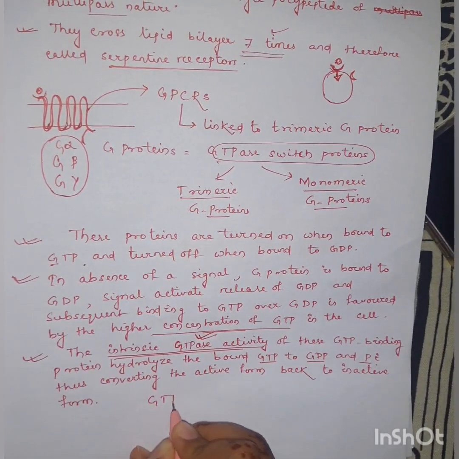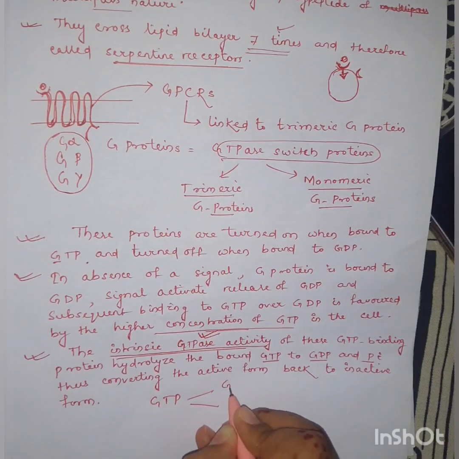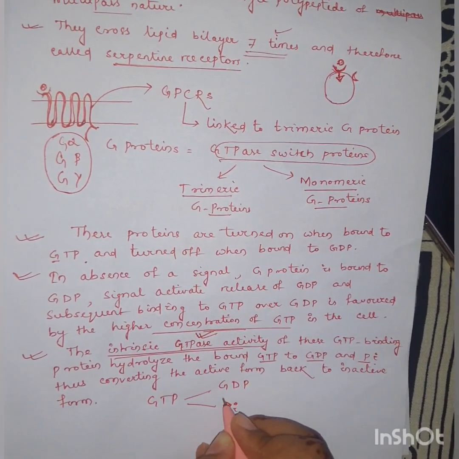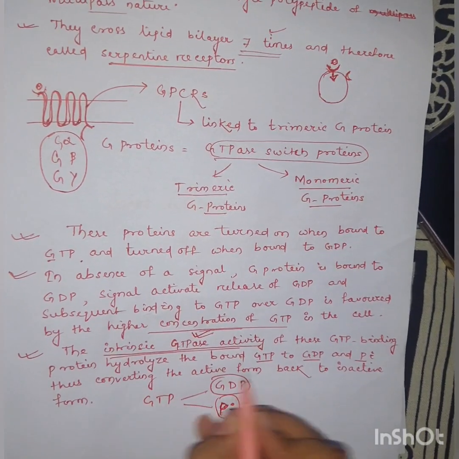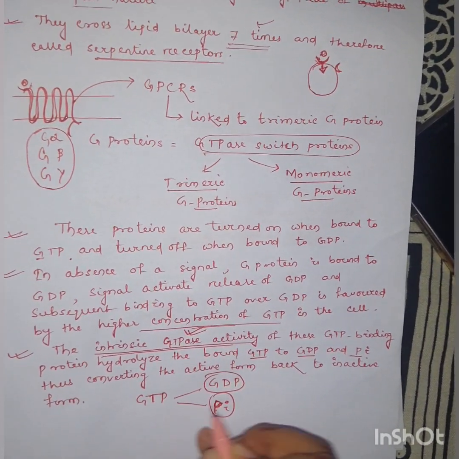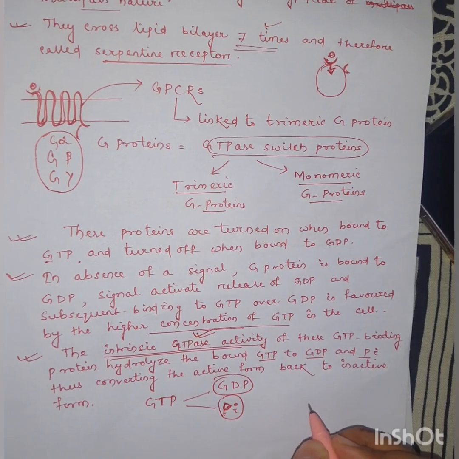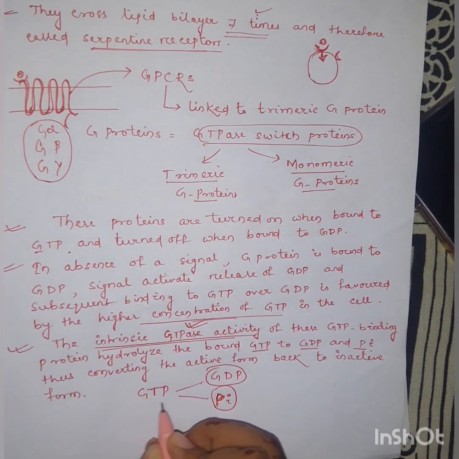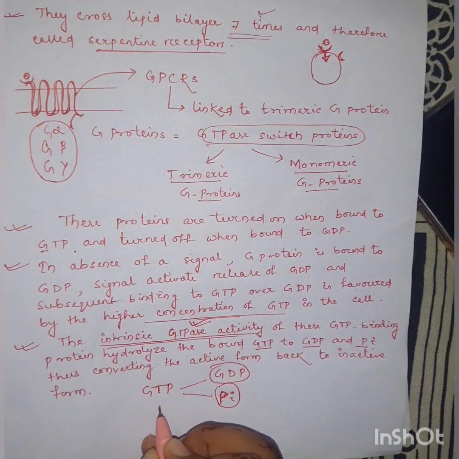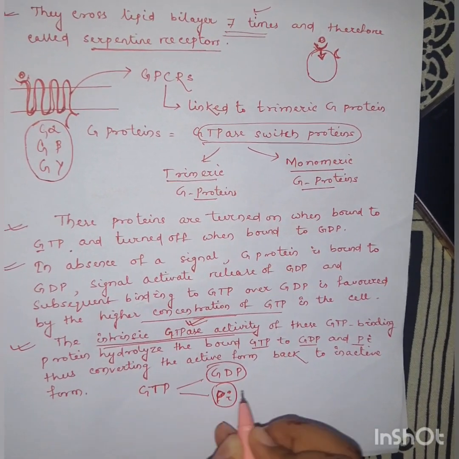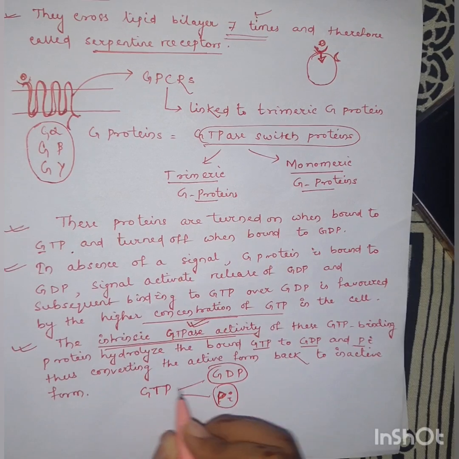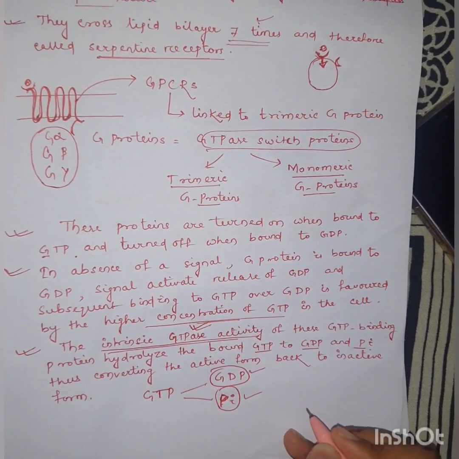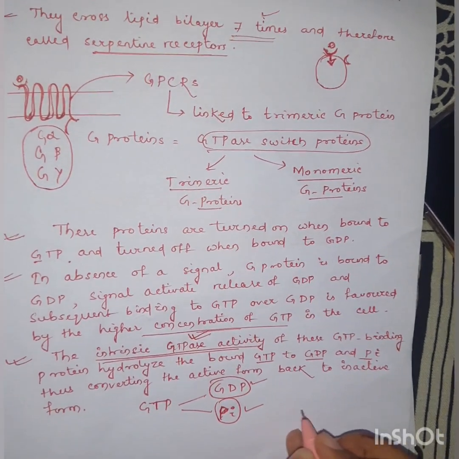So when GTP gets fragmented into GDP and inorganic phosphate, the G proteins again become inactivated. When bound to GTP, G proteins get activated, but when GTP is broken down by intrinsic GTPase activity into GDP and inorganic phosphate, they get inactivated.